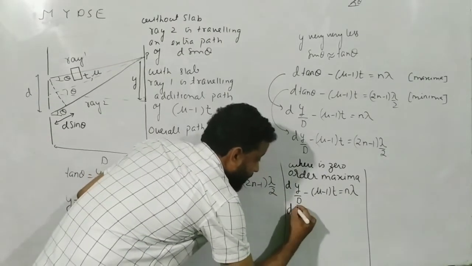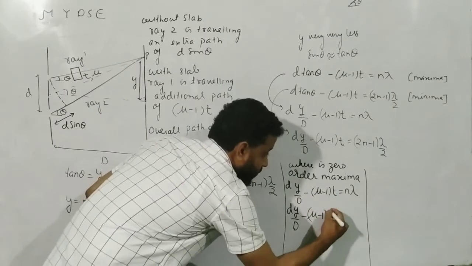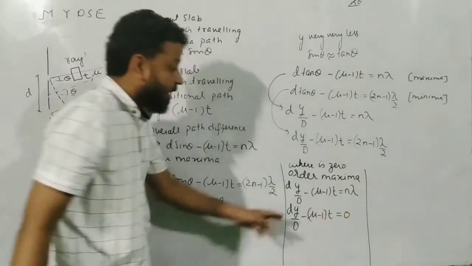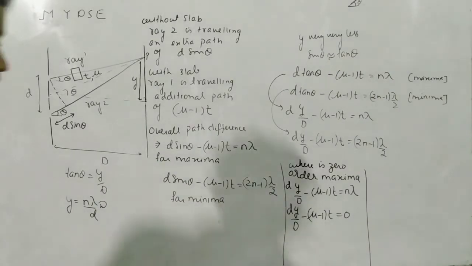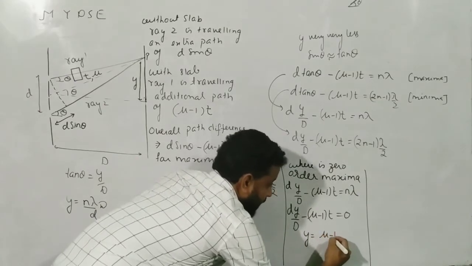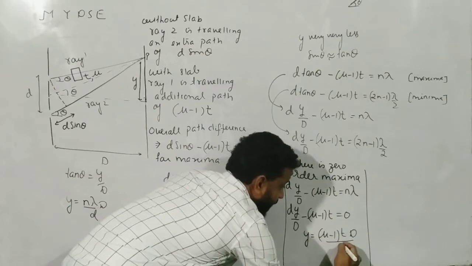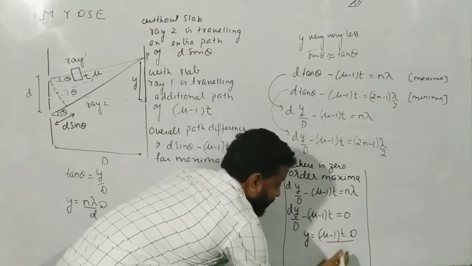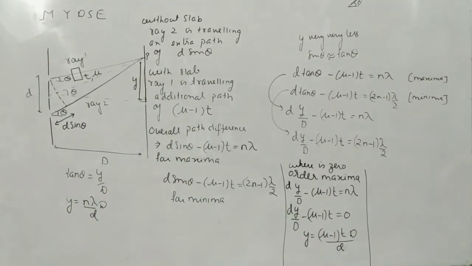So dy by capital D minus (mu minus 1) into t should be equal to 0, and from that equation you can find the value of y. So y will be equal to (mu minus 1) into t multiplied by capital D divided by small d. This is where I will find my zero order maxima.